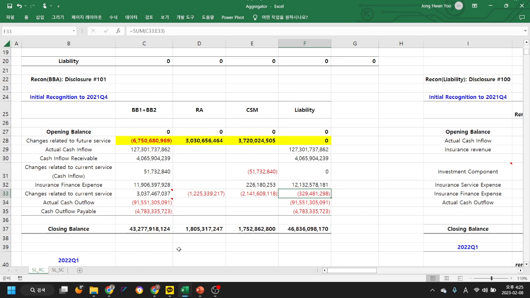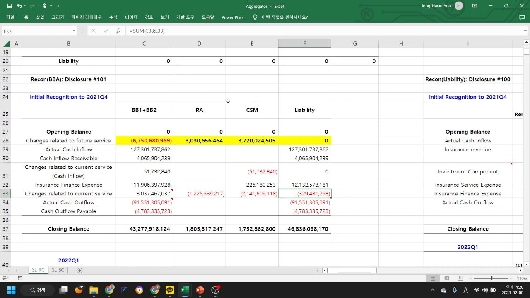And you have a closing balance like this, which is the measurement on initial recognition and then measured subsequently up to 2021 year end, to get ready to implement IFRS 17 starting from January 1st, 2023, right?